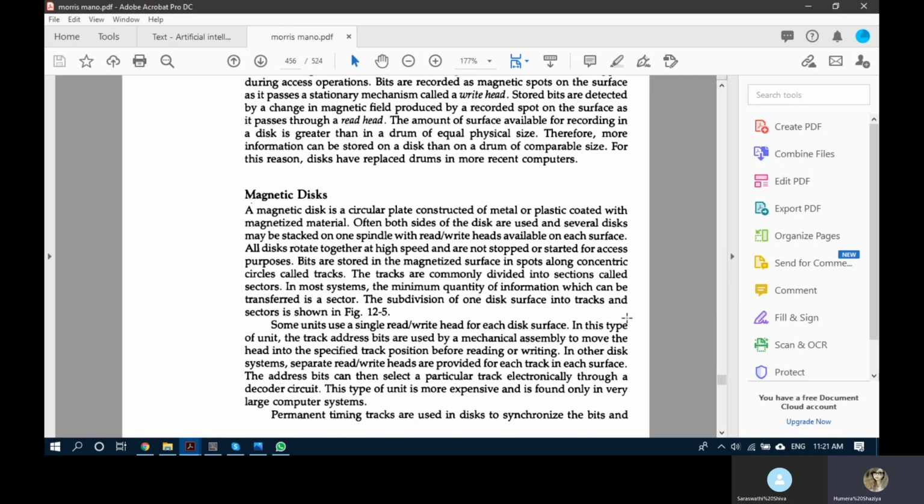What happens is, sometimes you may use both the sides of the disk for storing the information, or you may use only one side.